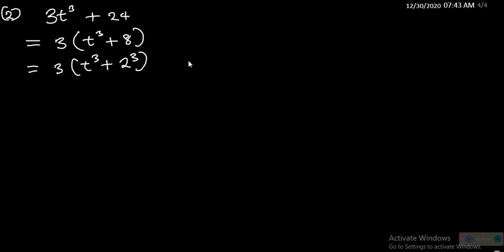Okay, and then this is the sum of 2 cubes, and from the expansion of the sum of 2 cubes, we have a cubed plus b cubed equals (a plus b) into (a squared minus ab plus b squared).